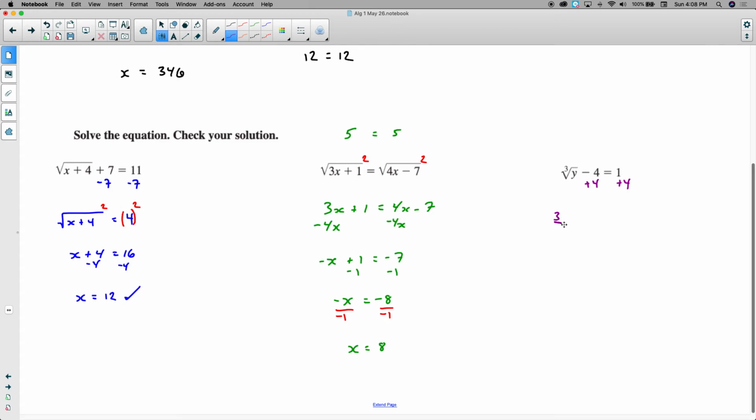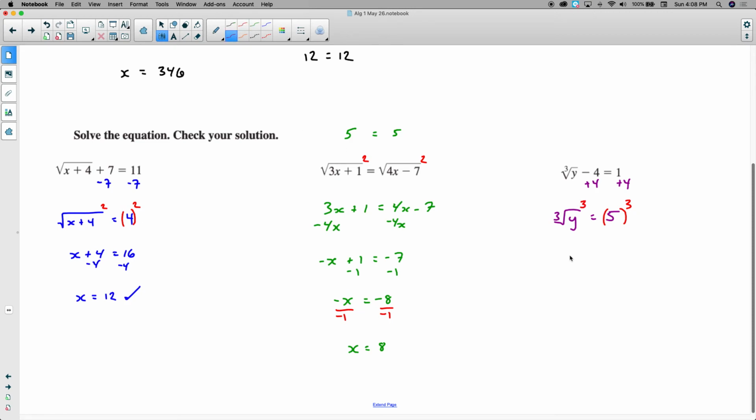So I now have the cubic root of y equals 5. And then now you need to raise each side to the appropriate power. That's going to be the power of 3, because in order to get rid of a 3 index, you need a 3 power. Cubic root and cubes cancel each other out.